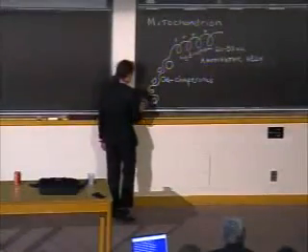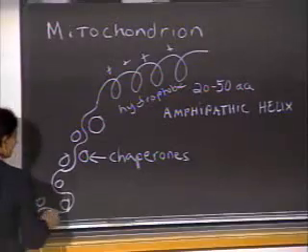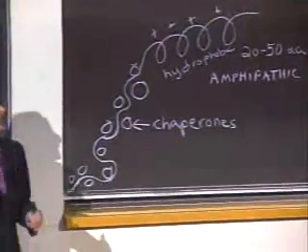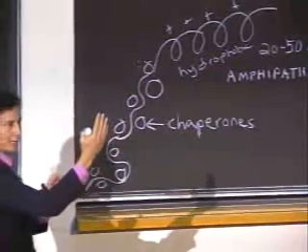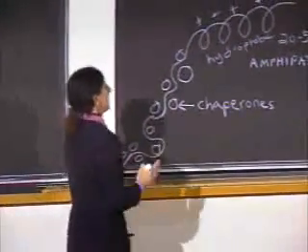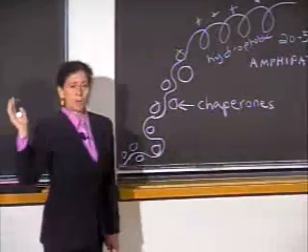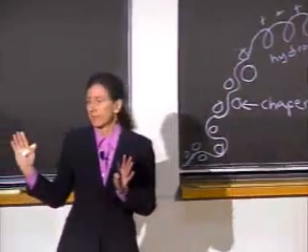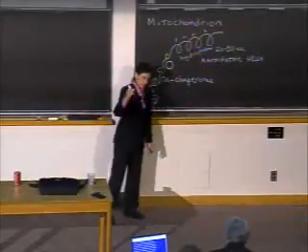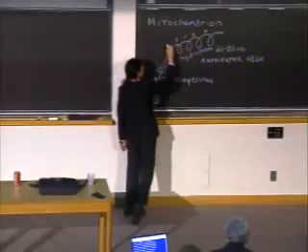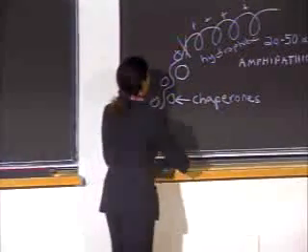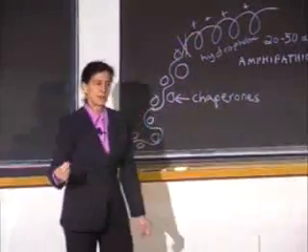So this whole complex with the signal and chaperones bound gets over to the mitochondrial membrane where there's a channel. And this goes through post-translationally. This is fully translated now. It gets through post-translationally, and when it gets across, the signal is cleaved off. The chaperones come off before it starts to go in.